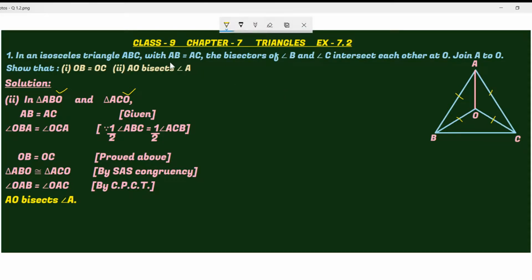AB is equivalent to AC. So we can prove this is the common. So we can prove according to the triple S rule, these two triangles are equal to each other.